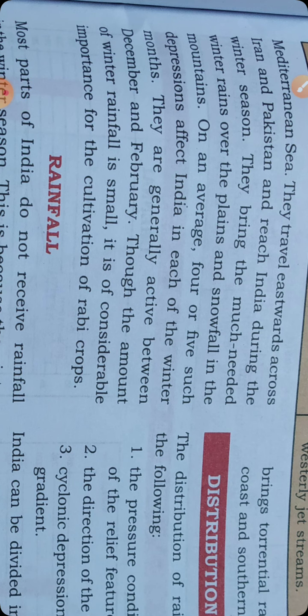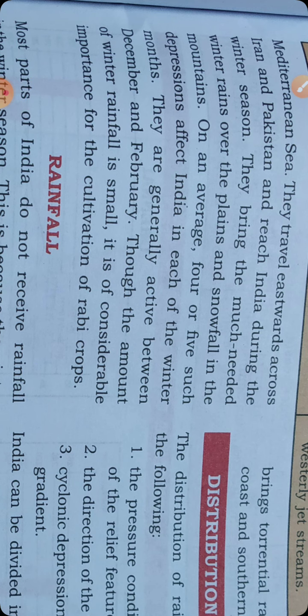They travel eastward across Iran and Pakistan and reach India during the winter season. They bring much needed winter rain over the plains and snowfall in the mountains. On an average, 4 or 5 such depressions affect India in each of the winter months; they are generally active between December and February.